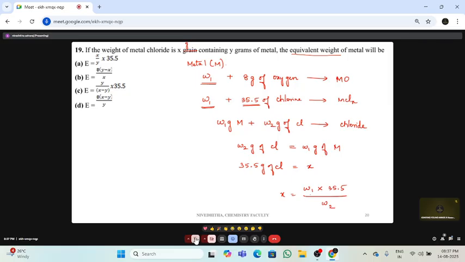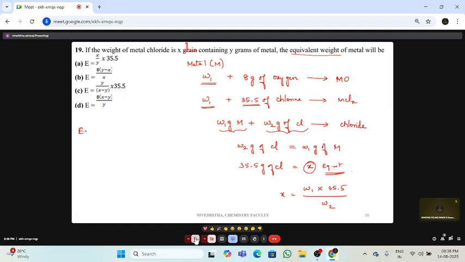What is W1? Weight of the metal. What is W2? Weight of the chloride. That's it. X is the quantity of metal required to react completely with 35.5 gram of chlorine, which is your equivalent weight. So this is the formula to calculate equivalent weight.